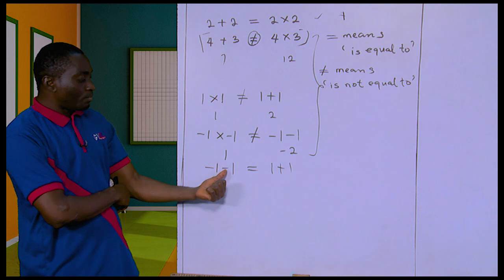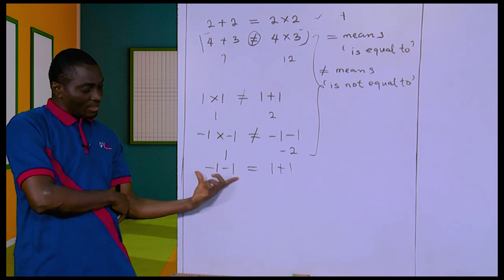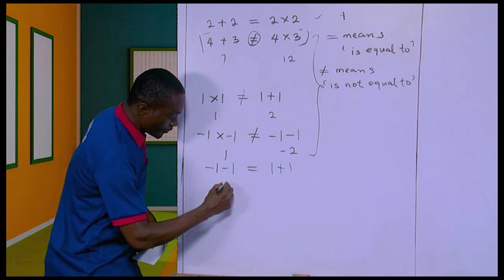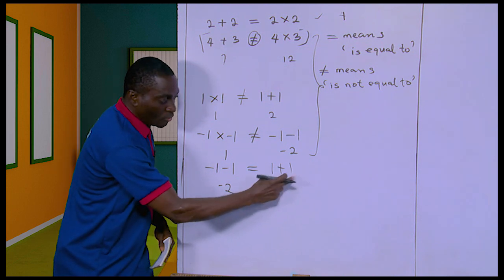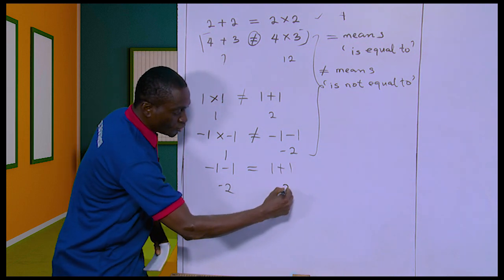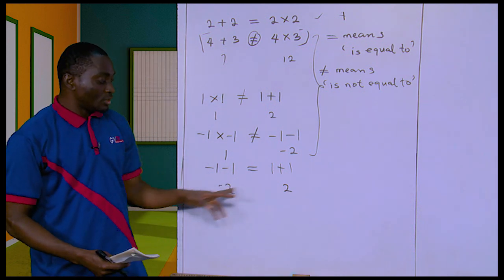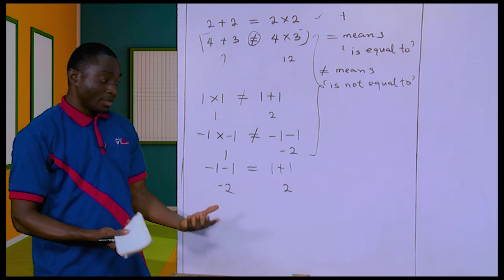Minus 1 minus 1, the value of this expression gives minus 2. Okay? So, the value of this expression gives 2. Now, are these two expressions or two values equal? No, they are not.